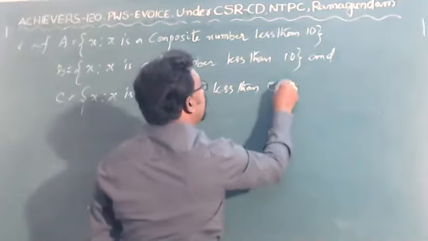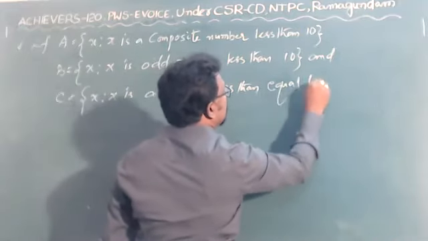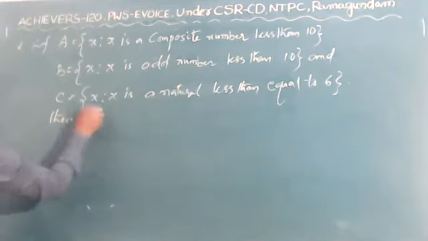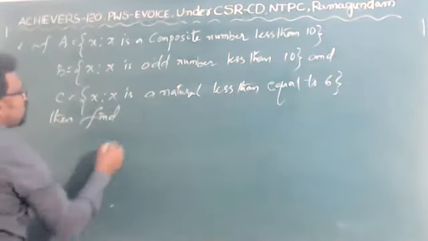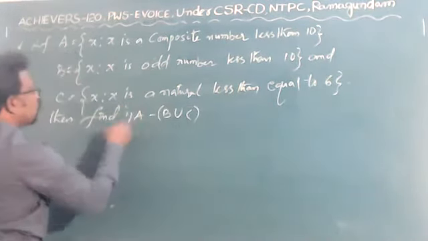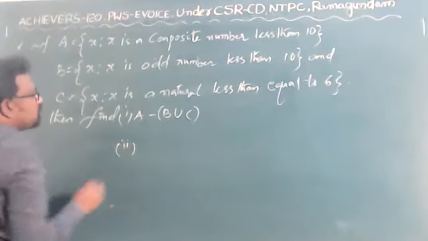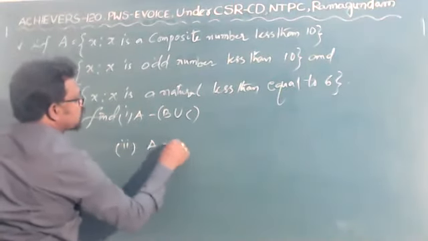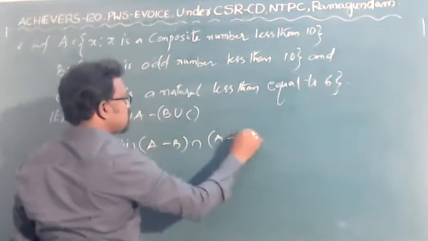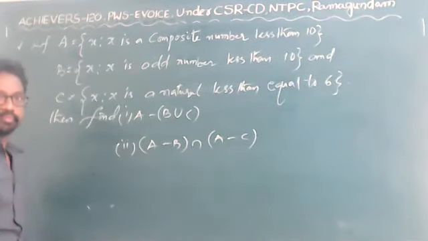Okay, less than or equal to 6, a small change. Then find: first one, A minus of B union C. Second one, A minus B intersection A minus C.